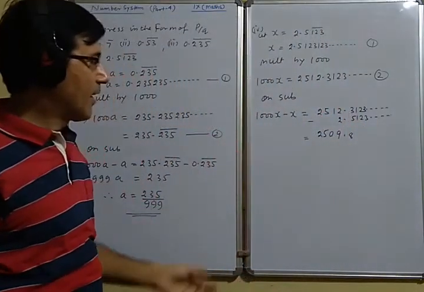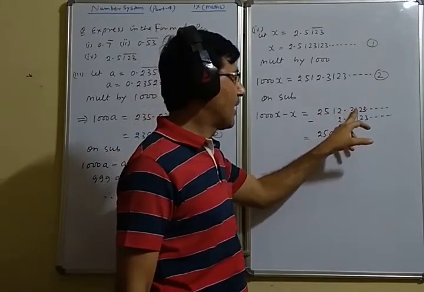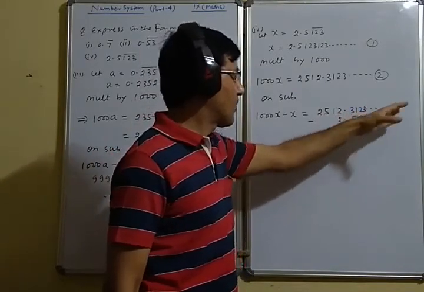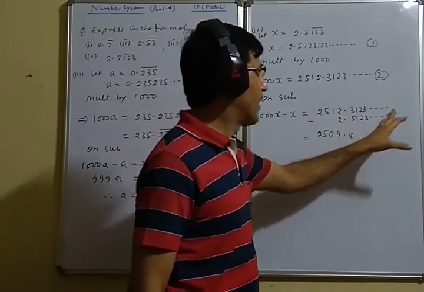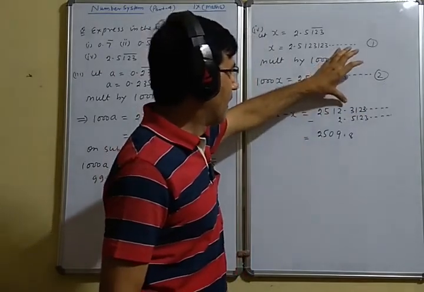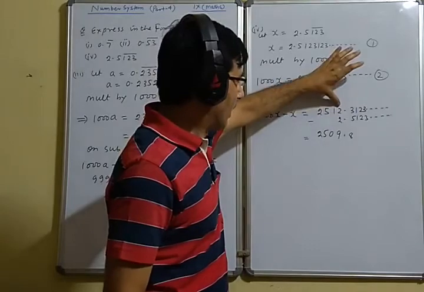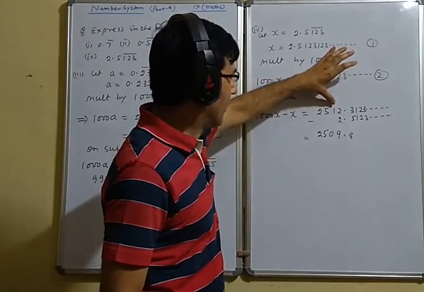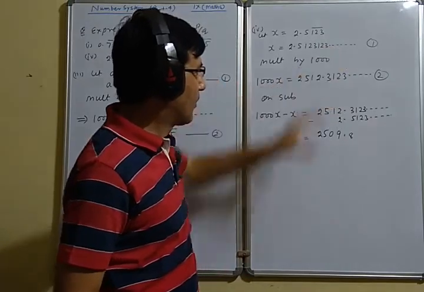So once again, check it: 2512.3123, and so on, minus 2.5123, and so on. These 3 parts cancel out. Now carry 13, 13 minus 5, 8, 11, here it is 1, so it becomes 11, 11 minus 2, 9, 0, and 2, 5.